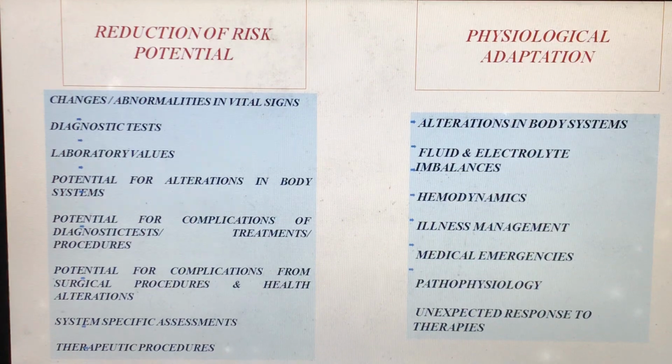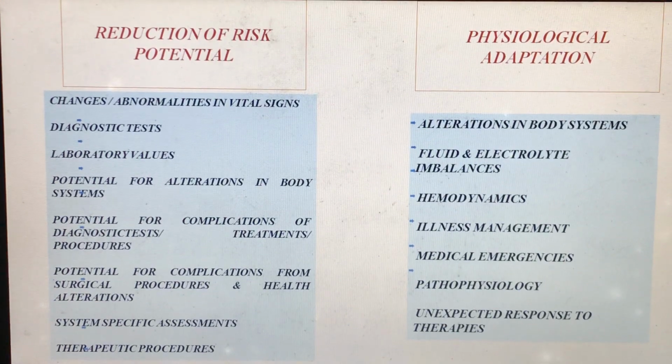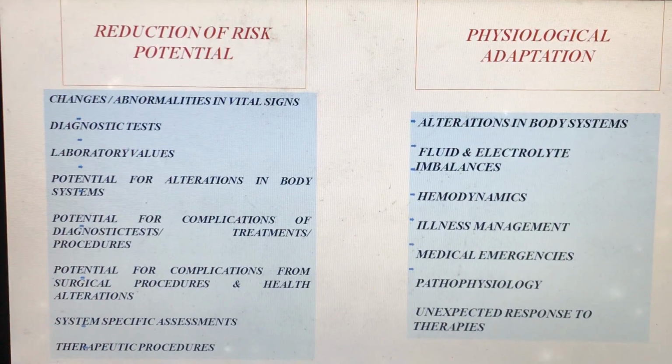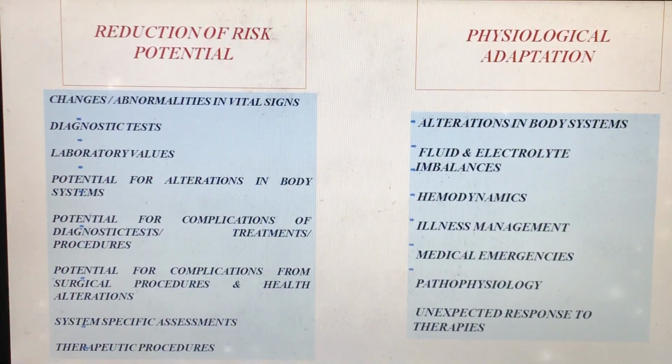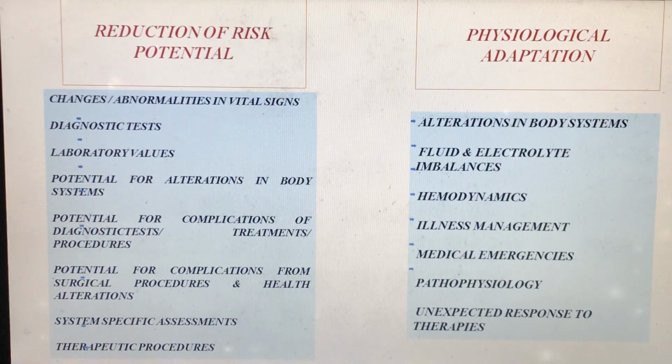So we should take precautions, or immediately take measures to prevent further problems for the patient. Then another one is diagnostic tests, then laboratory values, potential for alterations in body systems, then potential for complications of diagnostic tests, treatments, procedures, then potential for complications from surgical procedures and health alterations, then system specific assessments, therapeutic procedures. So these are the main things related to the reduction of risk potential.